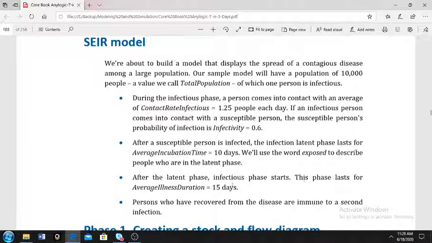This phase lasts for 15 days. So we assume that someone who is infected is sick for 15 days. And persons who have recovered from the disease are immune to a second infection. It means that if you have been infected, you cannot contract the disease again.